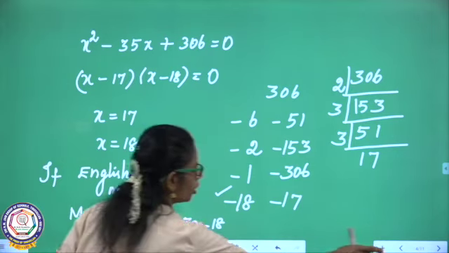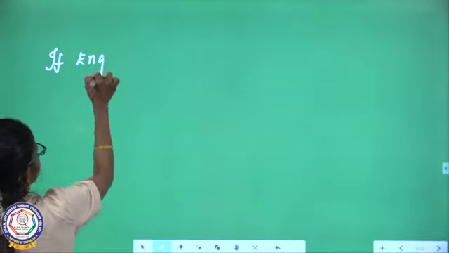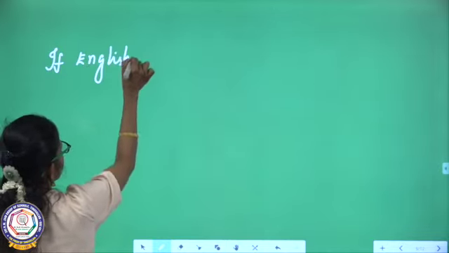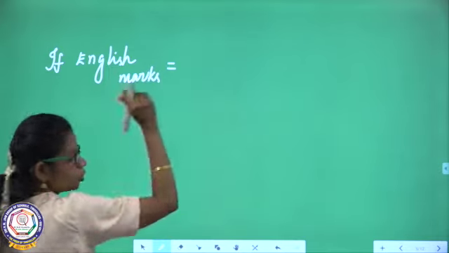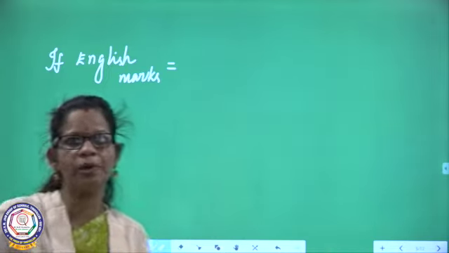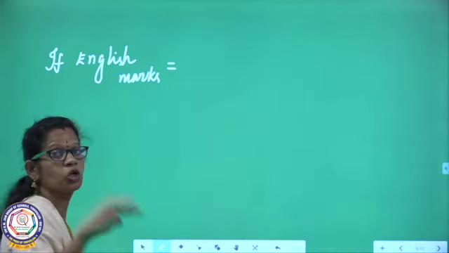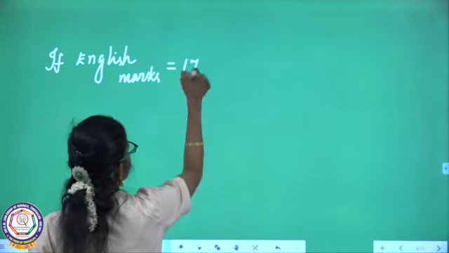The next possibility, if the English mark is 17, because you arrived at x is equal to 17 and x is equal to 18. Both the values should be accepted, right? Both you want to discuss. English mark equal to 17.